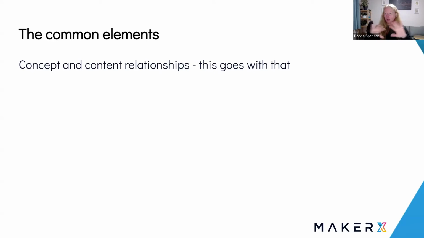Really understanding, in an abstract way, what goes with what, and being able to mark that on the content so that we can use it in that kind of templated, automated way. So all of that work really needs an understanding of the relationship between ideas and content.